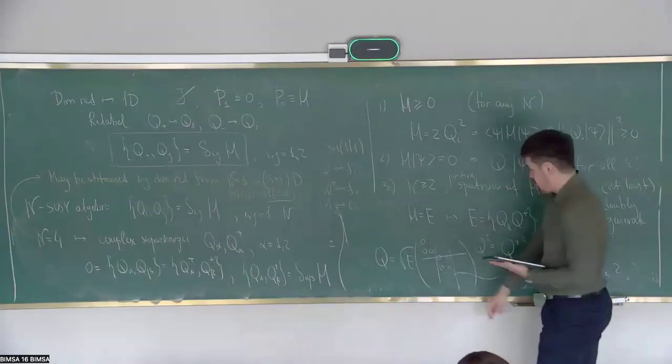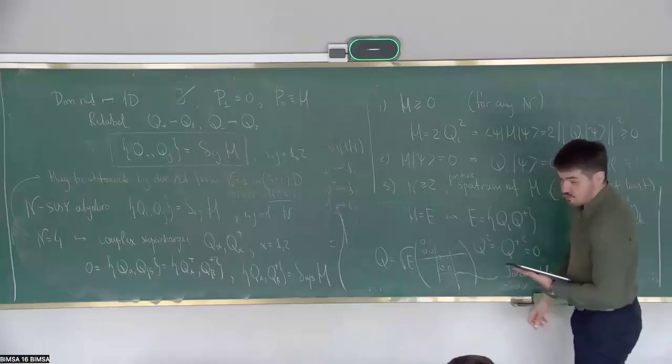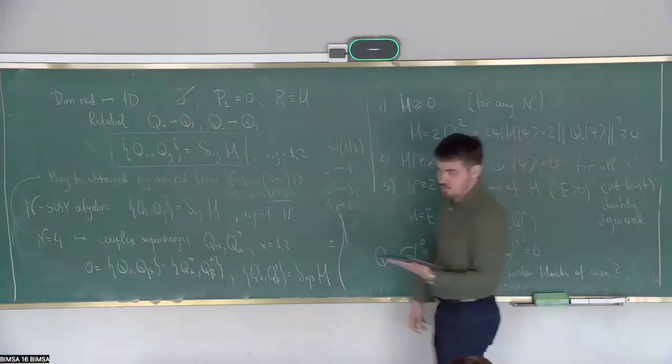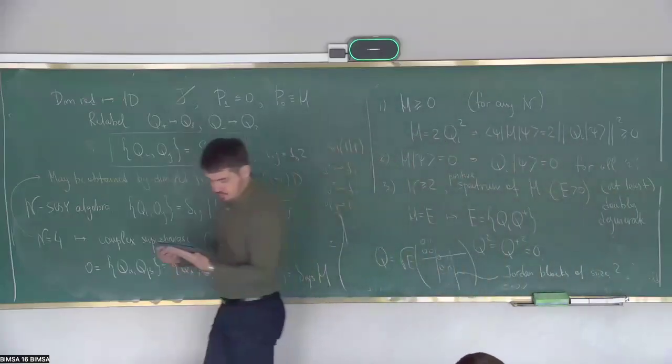A Jordan block gives a double degeneracy, and if you have more than one Jordan block, you can have higher degeneracy.